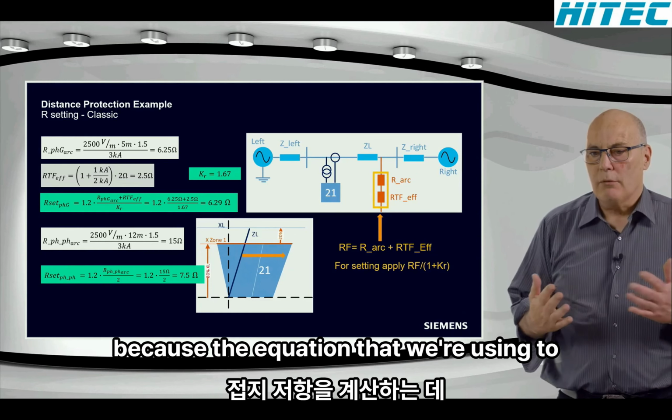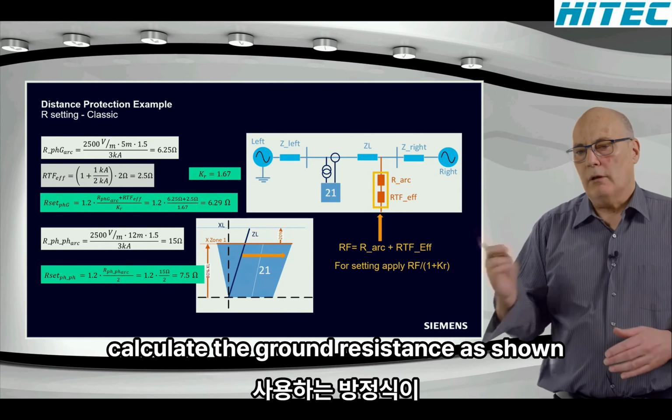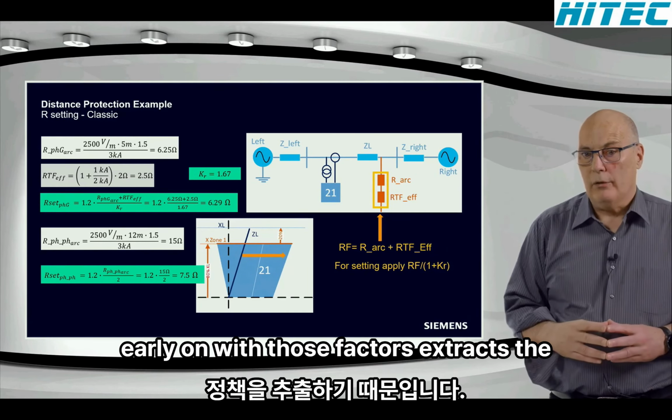It is because the equation that we're using to calculate the ground resistance, as shown early on with those factors, extracts the positive sequence impedance. Remember, we have here the loop current will be the ZL out and the ZE return, but measured and applied in this curve here is only the positive sequence impedance. So this resistance here is not part of the positive sequence, it's not part of the E, it's somewhere in between.